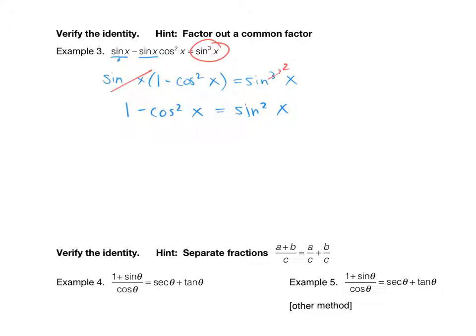I'm now going to point out something that you'll want to remember. So this equation here, when I take the Pythagorean identity for cosine of x and sine of x, we have cosine squared x plus sine squared x equals 1. If I subtract cosine squared from both sides, then I have 1 minus cosine squared x equals sine squared x.